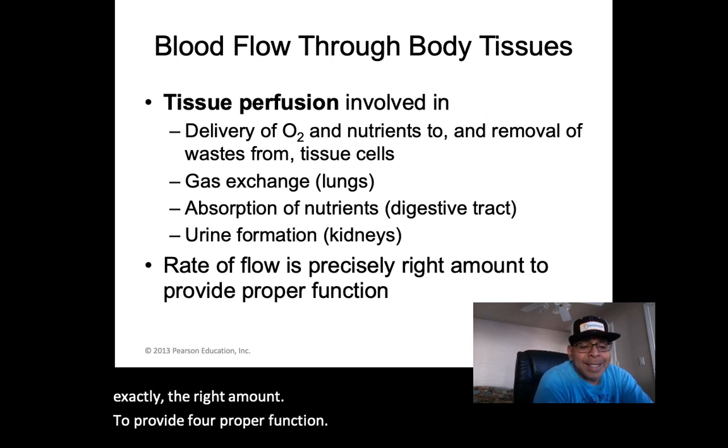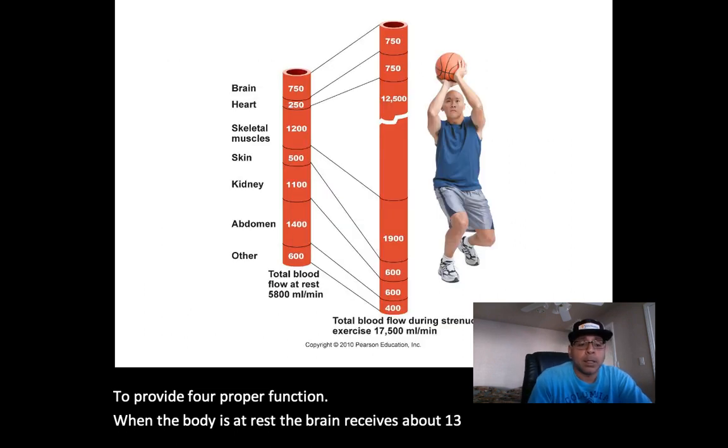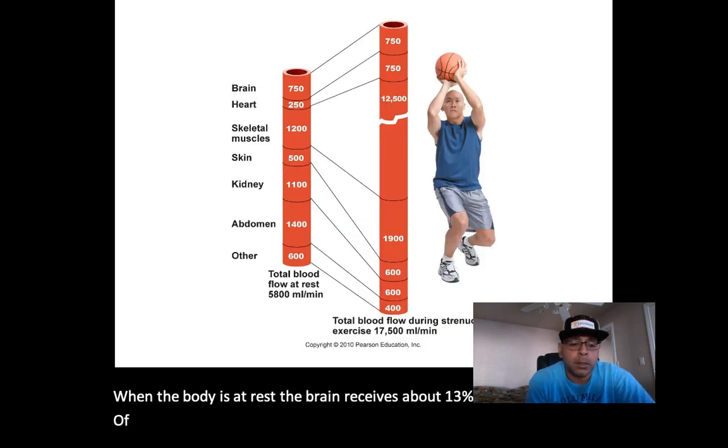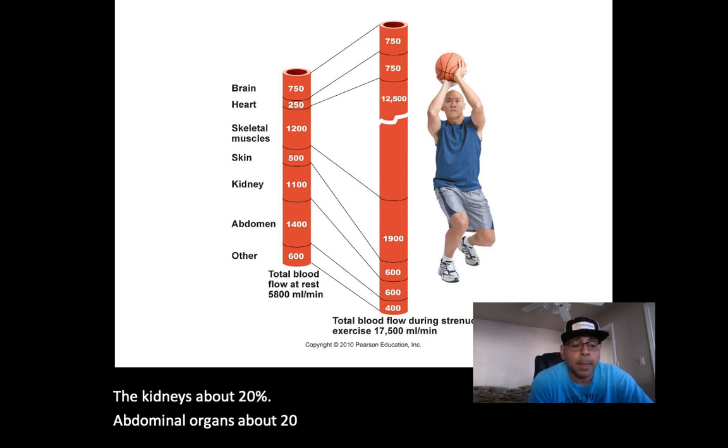When the body is at rest, the brain receives about 13% of total blood flow. The heart, about 4%. The kidneys, about 20%. Abdominal organs, about 24%.